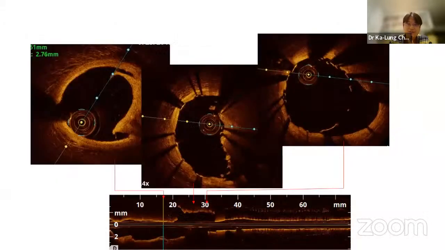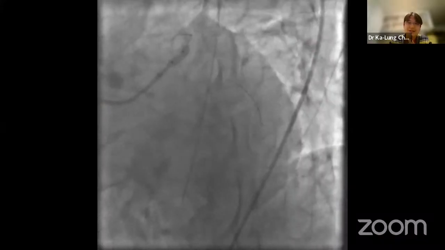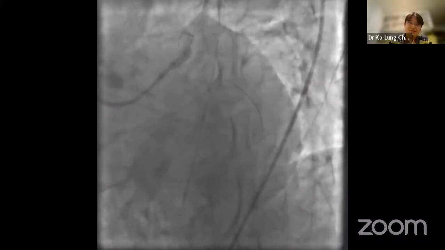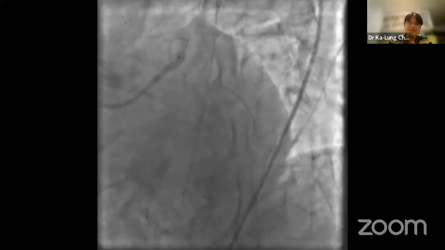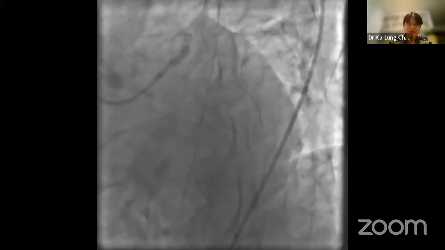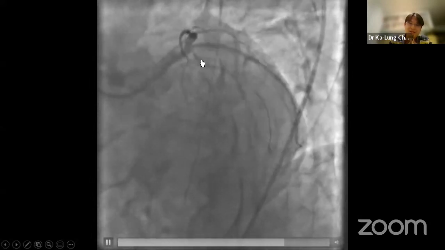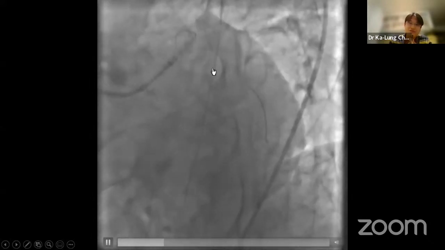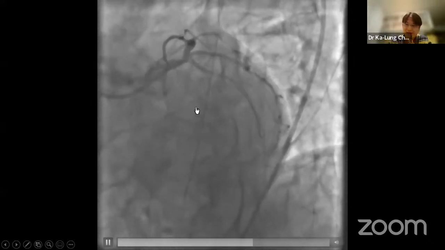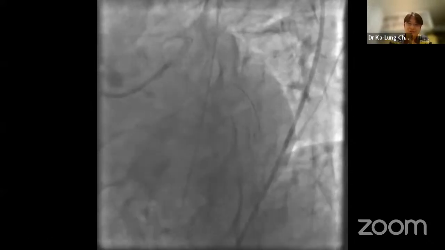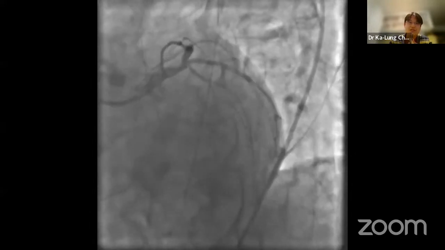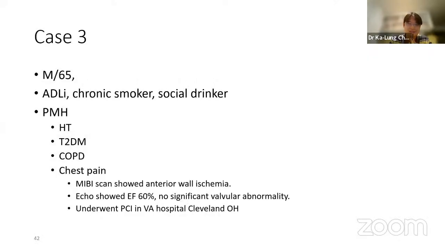So we further touched up with the NC balloon, and then we quickly closed the case, and planned to bring the patient back later for optimization. If you do not do any ablation or CSI or modification, you will expect that the final stent area may not be as good as with routine ballooning and stenting, so you will accept this result in the end.